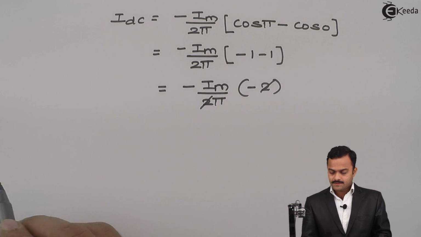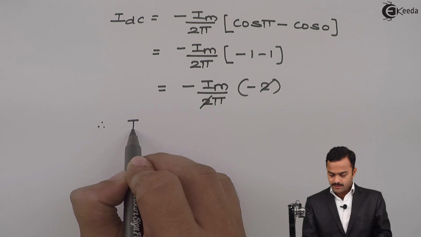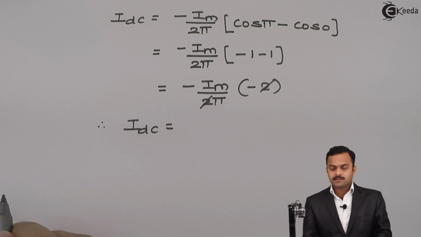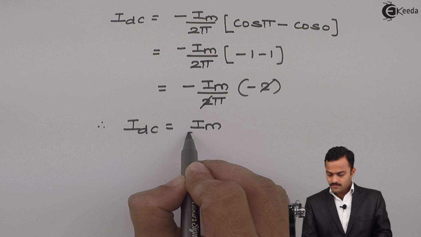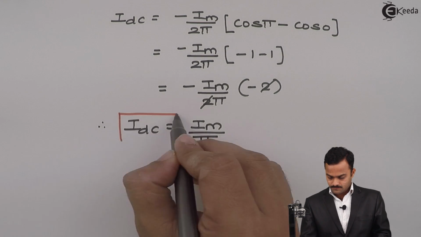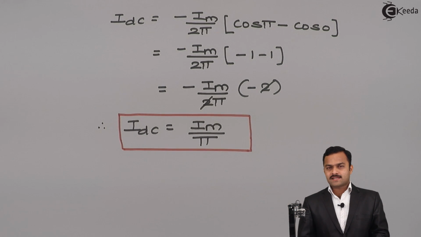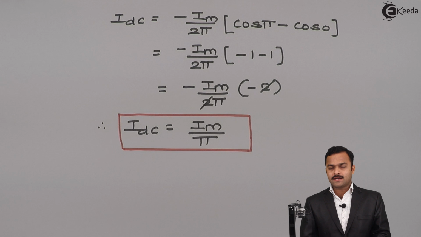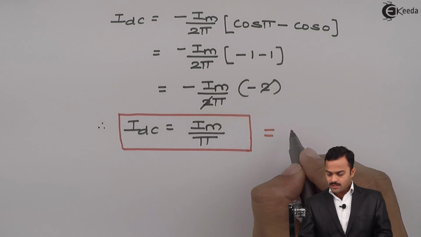2 I can cancel, minus minus will become plus, and ultimately I will get DC current equal to Im divided by pi. Since Im is a constant, that is the peak value of a supply current, and pi is also a constant, so IDC is a constant value.